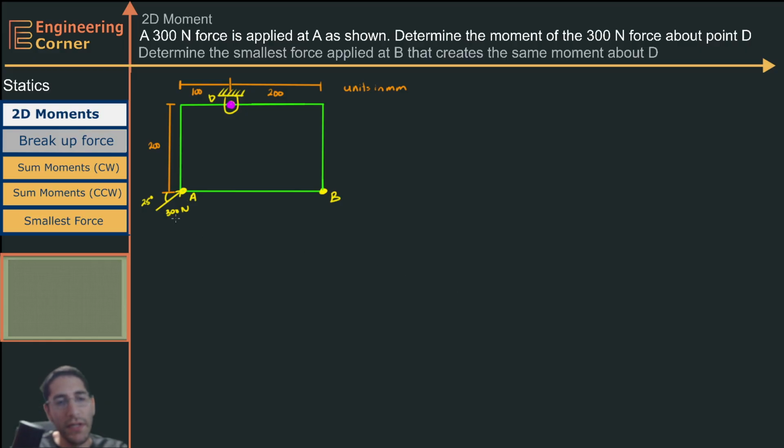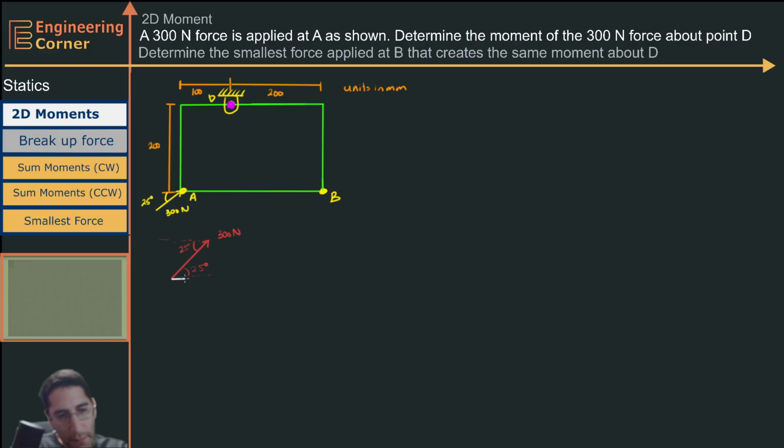So first, I'm going to start by breaking up this 300 newtons into my x and my y components. So when I do this, I have a 300 Newton force, and I know that this is 25 degrees. So this is also 25 degrees.